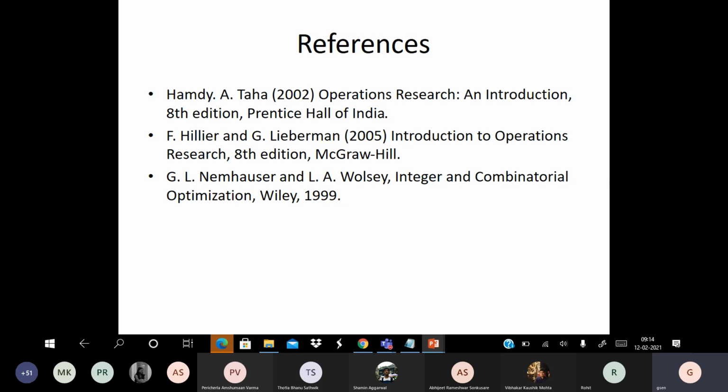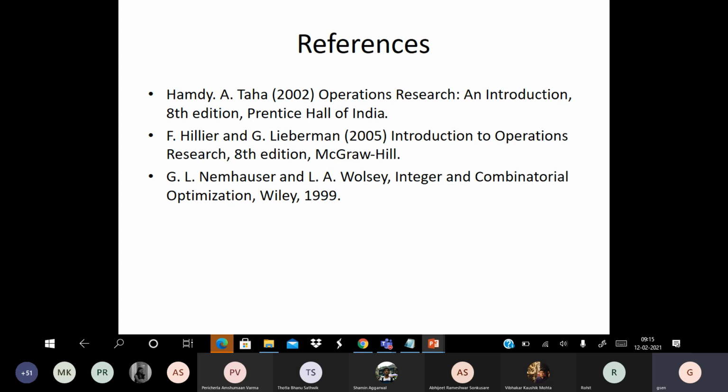Now for this chapter, you can refer to this book, Hamdy Taha, Operations Research: An Introduction, and also Hillier and Lieberman, Introduction to Operations Research, which was earlier shared with you. And this is an advanced book, Nemhauser and Wolsey, Integer and Combinatorial Optimization.